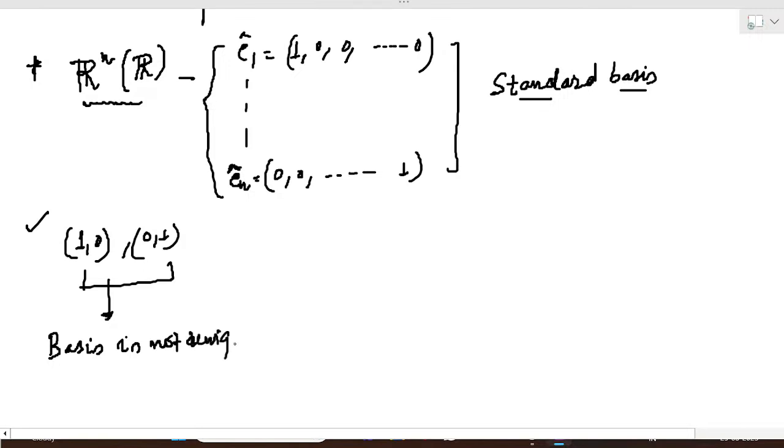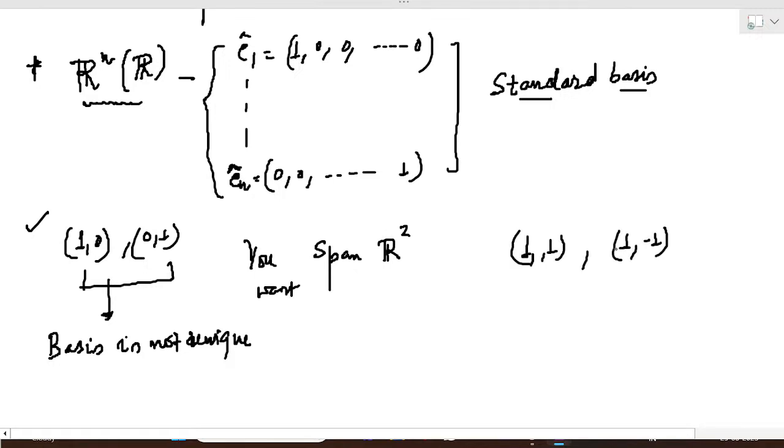Why is it not unique? You want to span the entire R square. Here is my suggestion: take (1, 1) and take (1, -1), and still you can do this. Say you want to span the entire R square, which means any point of the (alpha, beta) type, where alpha is any arbitrary real and beta is any arbitrary real.